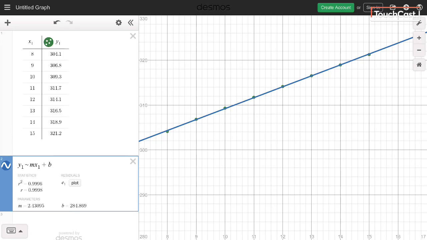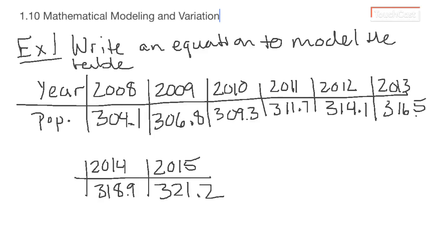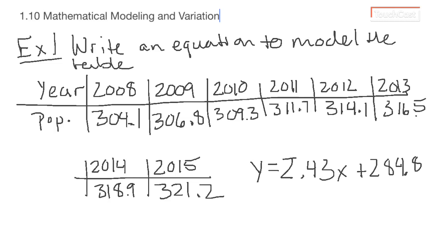So let's go out of Desmos and onto our paper again. So our equation is going to be y equals 2.43x plus 284.87.